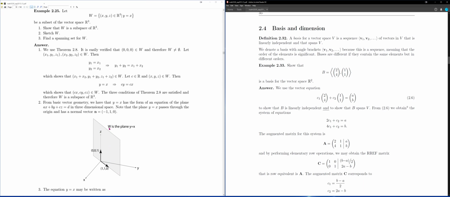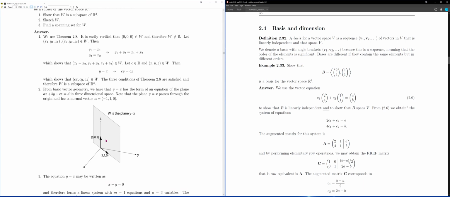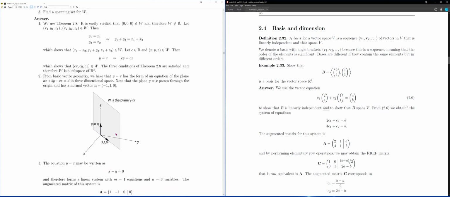Okay, so I'll just use this example over here. I can regard the W over here as a vector space in itself. So W is a vector space contained inside a larger vector space, but we're focusing on W. For this W, which is this plane, what would be a basis for this plane?